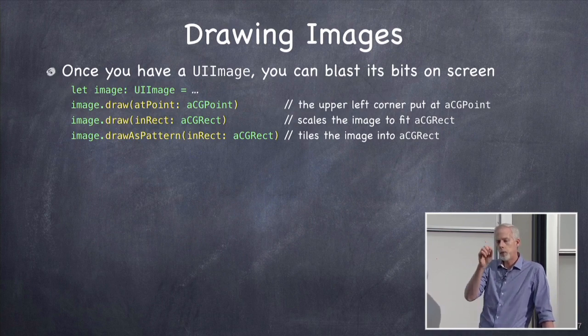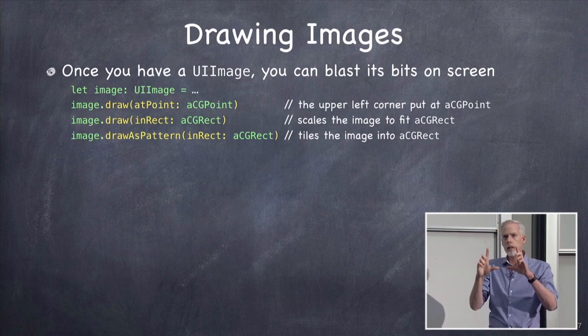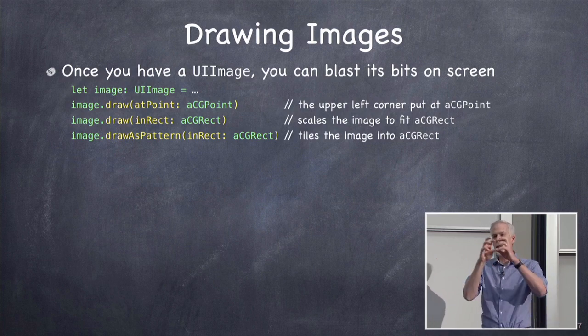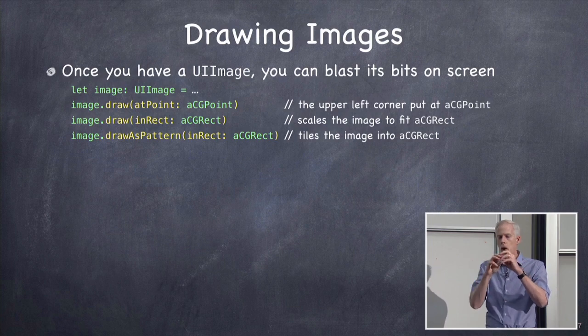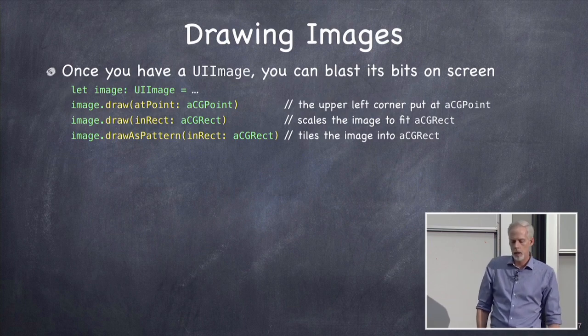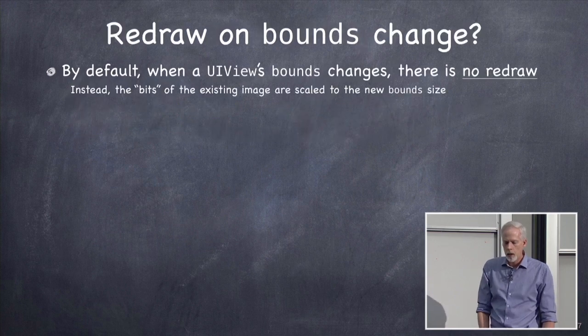Draw at point draws it where that's the upper left-hand corner, in its natural size. Draw in rect is going to scale it to fit inside the rectangle that you provide. And draw as pattern is going to tile it. So presumably that's a small image and you're drawing a texture or something, and it's going to repeat over and over to fill the rectangle. I'll fix this slide and repost it.